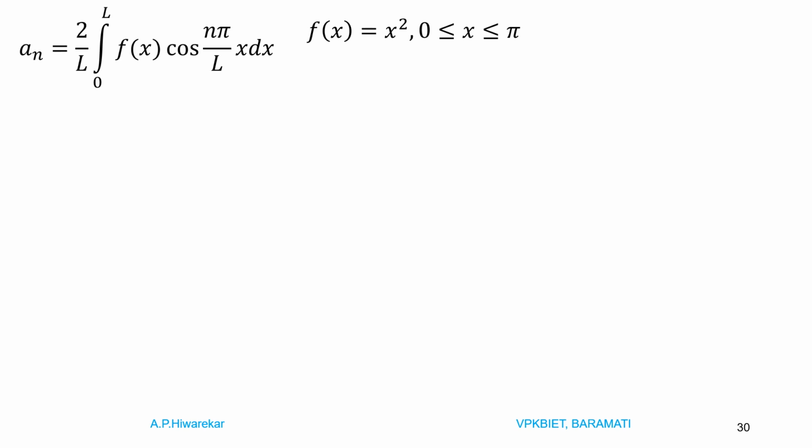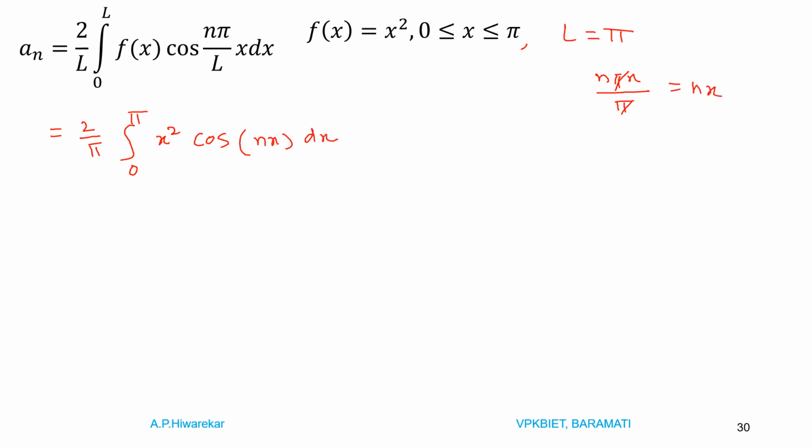Obviously we have L is pi, so it will be 2 by pi integration 0 to pi x square into cos of n pi x by L. L is pi, so pi and pi get cancelled and this angle becomes nx. So it is cos nx dx.